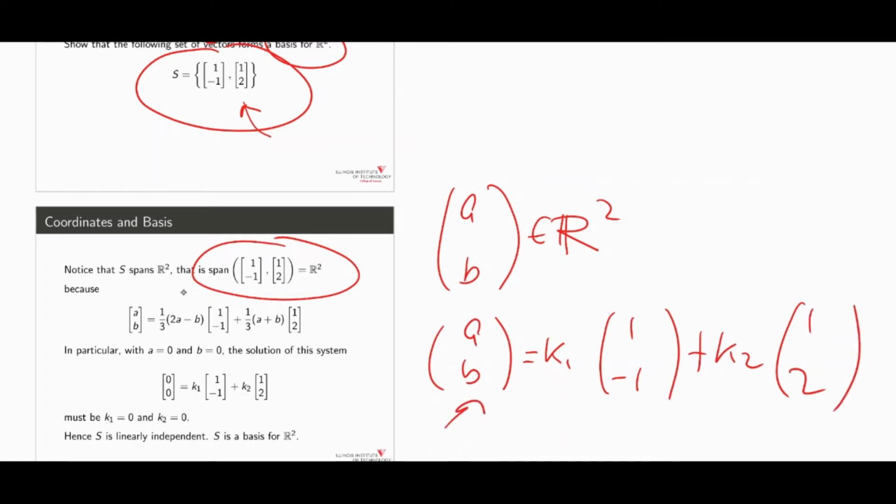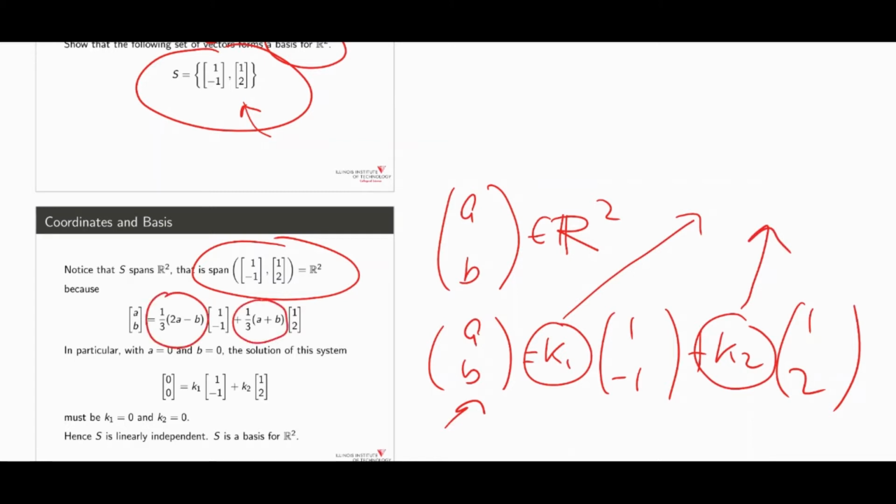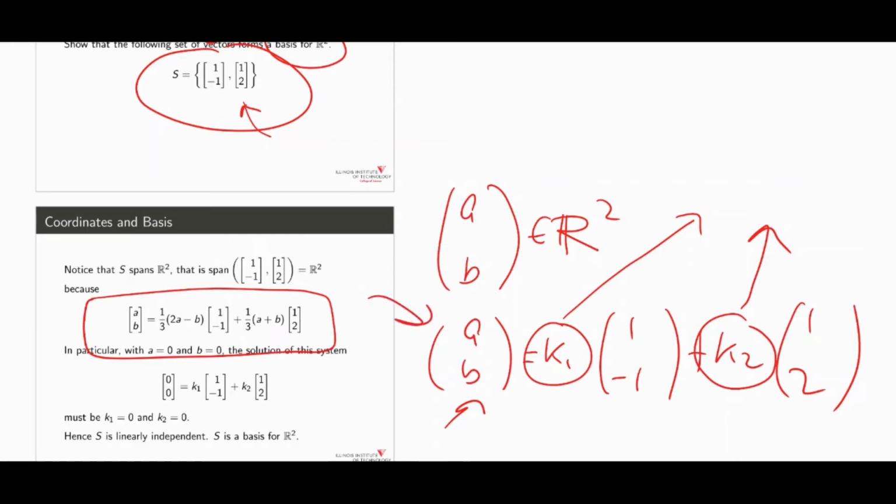We have seen before that the answer is yes, and we know exactly how k1 and k2 should be selected in order to reach (a, b). This is not so obvious. You actually have to do some computations, by solving a system of linear equations. This is not like the standard basis where the coefficients can be easily determined.